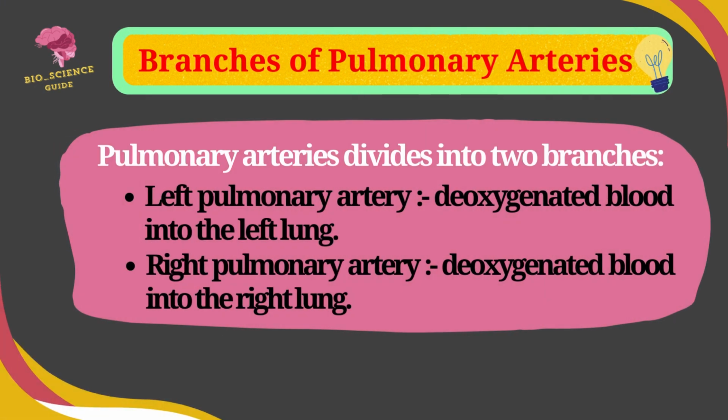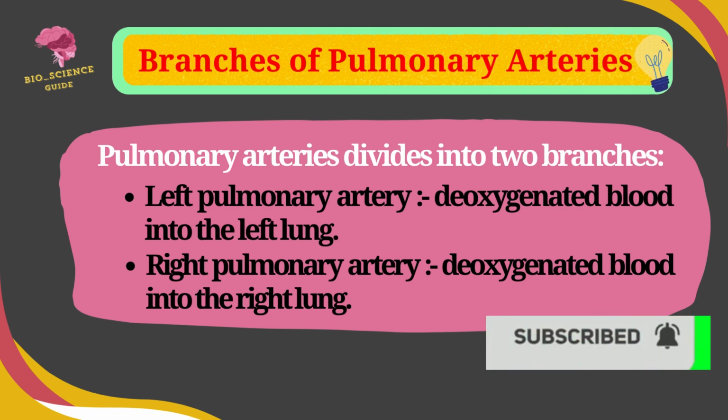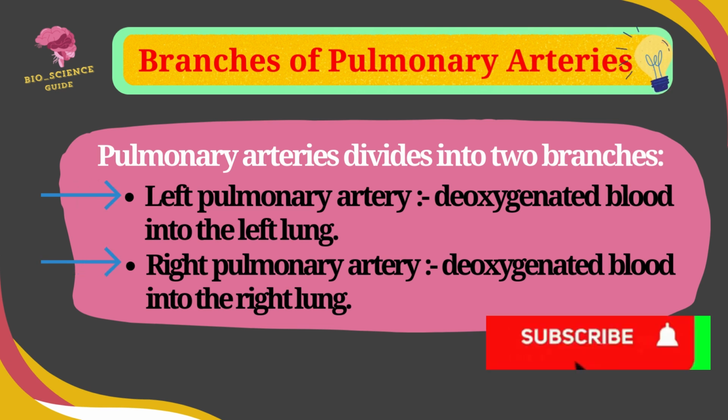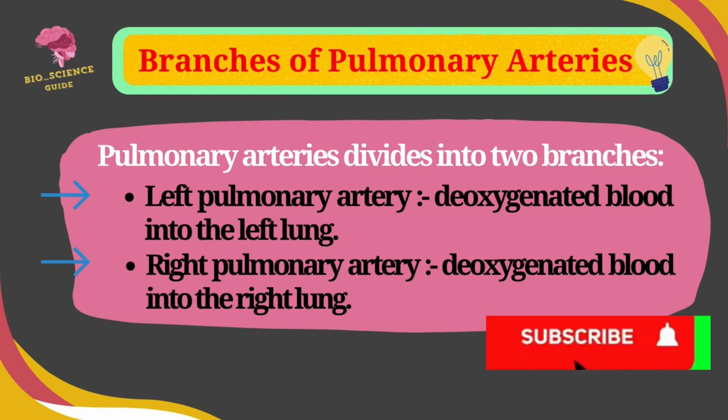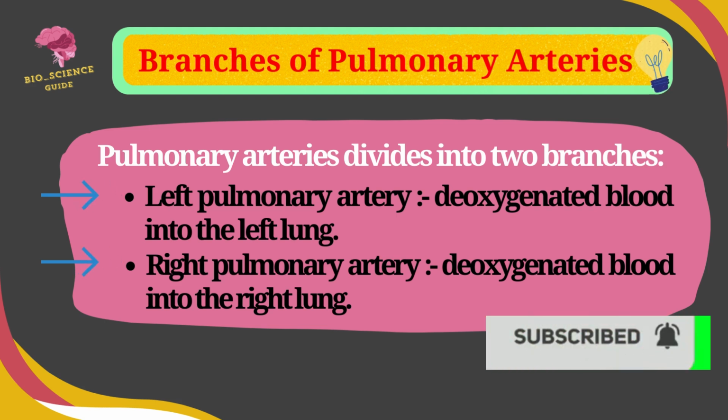Pulmonary arteries are divided into two branches: left pulmonary artery and right pulmonary artery. The left pulmonary artery carries deoxygenated blood from the right ventricle into the left lung, and the right pulmonary artery carries deoxygenated blood from the right ventricle into the right lung.